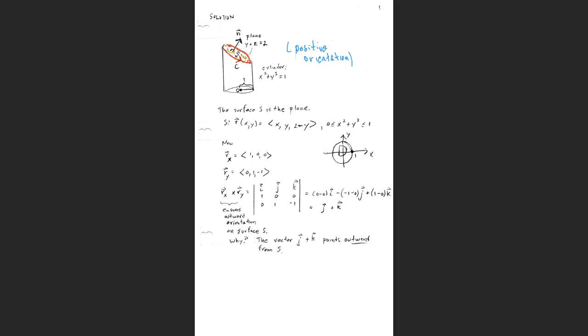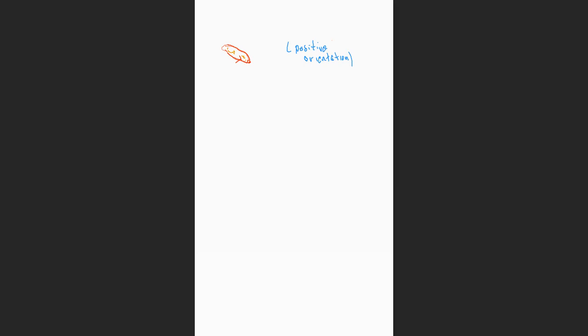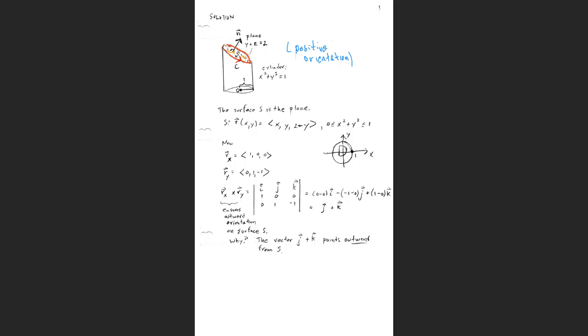So, okay, Stokes' theorem. Remember, Stokes' theorem says this work here, the work that we're looking to find, is equal to the flux integral across surface S, where our vector field is the curl of the vector field.